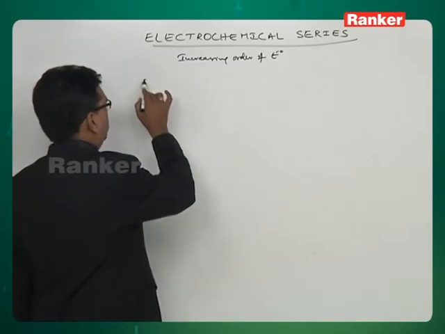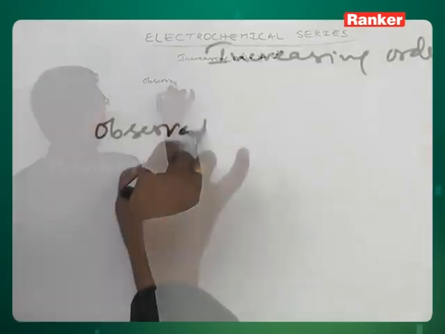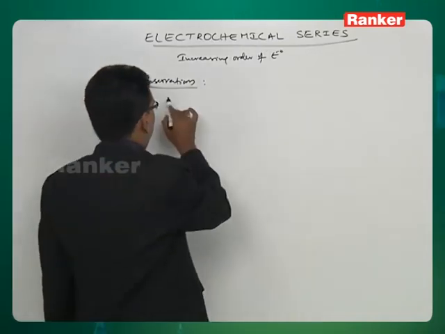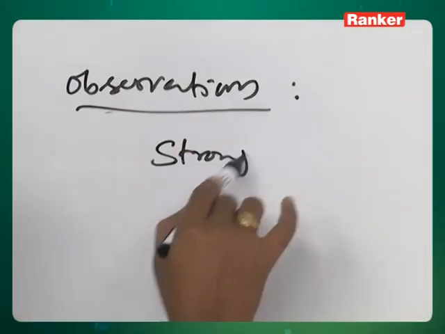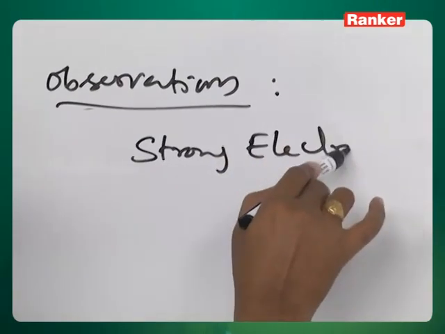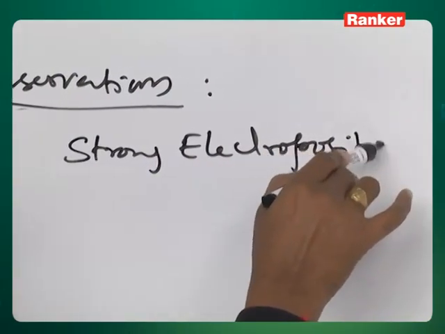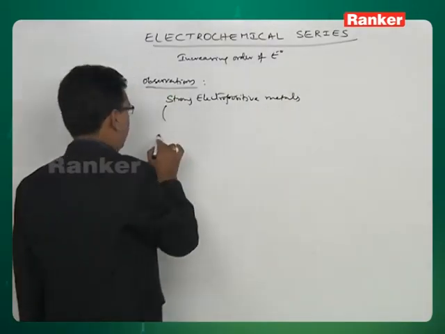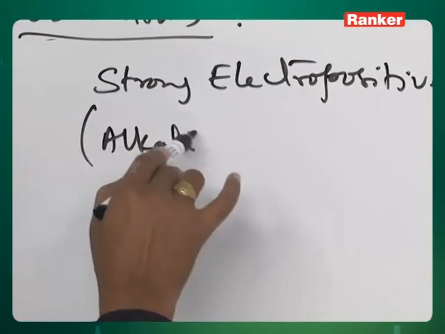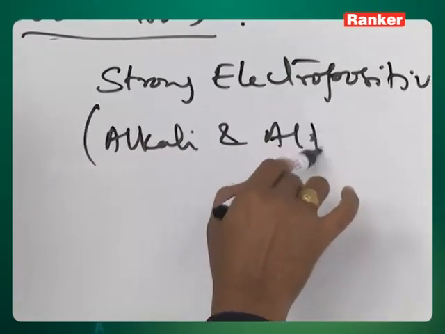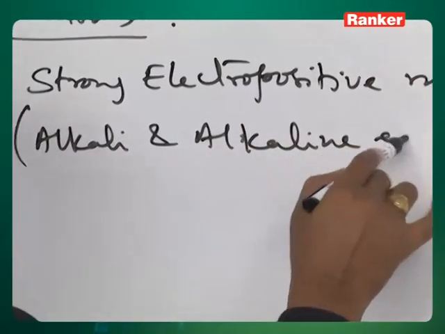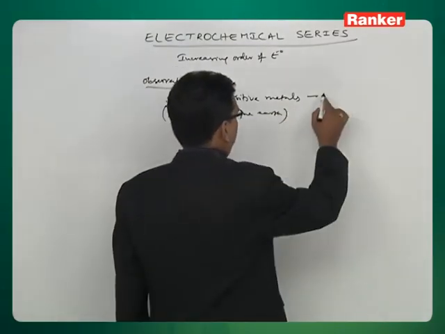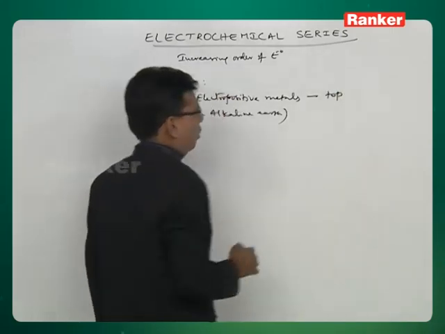So, here what are the observations? Observations made are that strong electropositive metals like alkali and alkaline earth metals are at the top of the table.